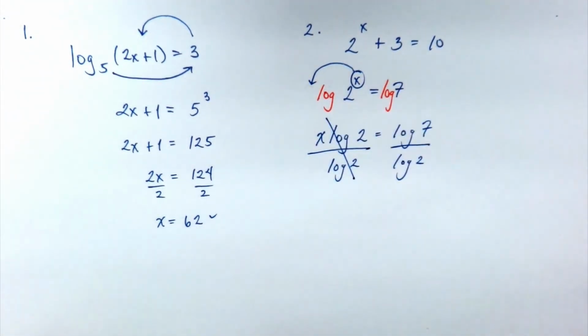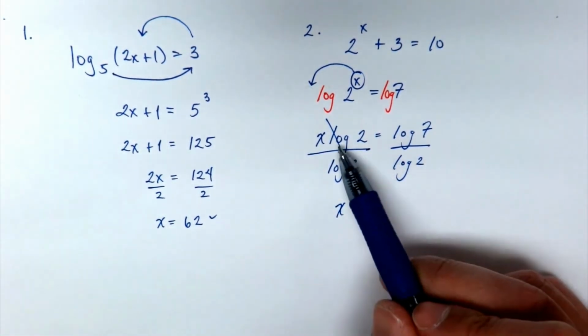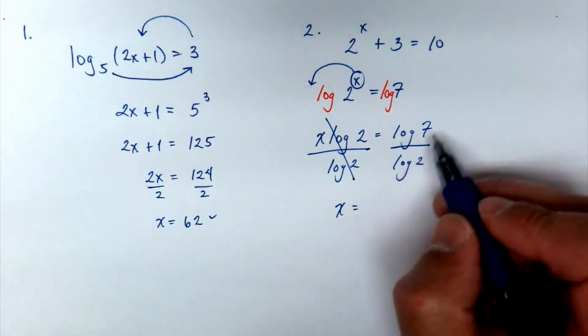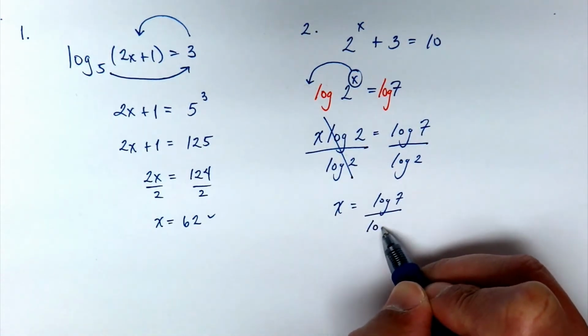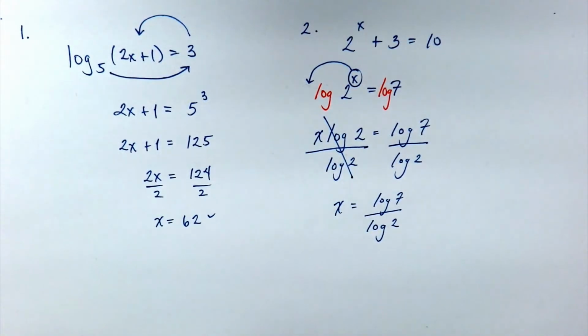This here is going to cancel out, simplify to a 1, because technically log of 2 is going to give you some type of decimal. Then you have to do it in a calculator, log of 7 divided by log of 2. And you would get a decimal approximation.